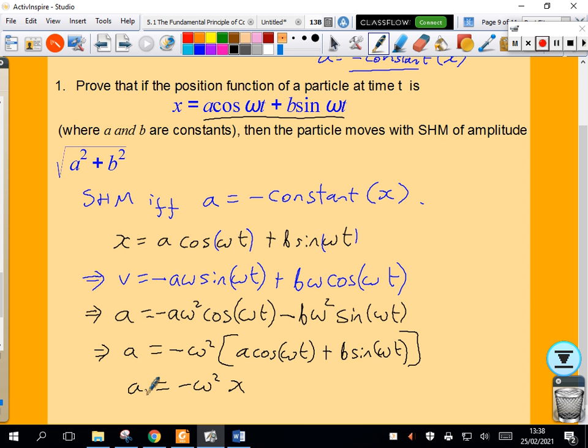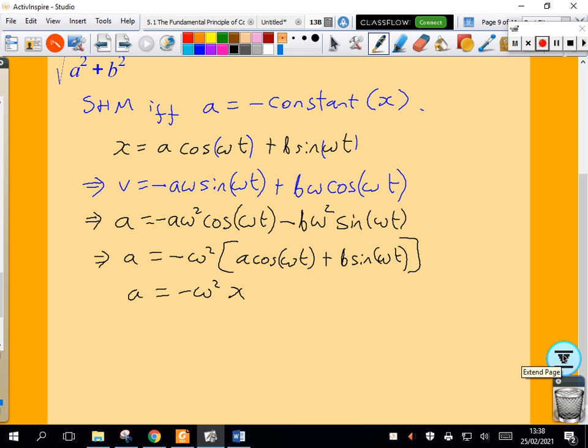So that's pretty much it. So conclusion, therefore we have simple harmonic motion since the acceleration is equal to a negative constant times x. That's what was asked.